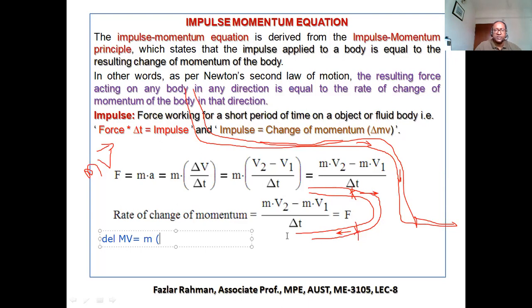I am saying this is positive, so this V2 minus, because this is the opposite direction, I am taking this as positive so this has to be negative, minus V1. So finally you are getting m times (V1 plus V2), right? So you are getting m times V1 plus V2.